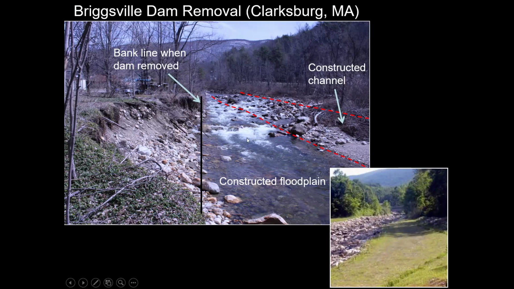Water diverted and basically unraveled the constructed floodplain and started to eat away and erode into a bank, which is cutting through a yard and getting uncomfortably close to a condo complex, at least uncomfortably close for the residents.